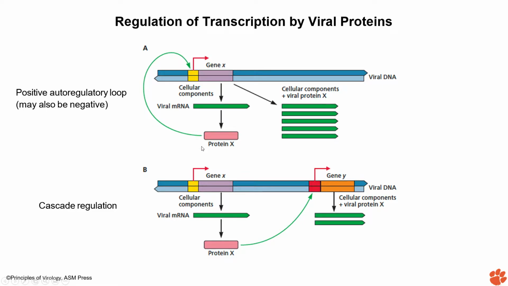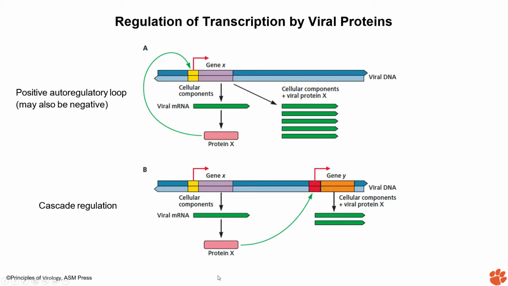Remember that instead of a positive autoregulatory loop, you can have a negative autoregulatory loop. That could be a critical thinking question for your exam: suppose the protein X is binding, suppressing the function of gene X, so it's not making the mRNA, then this positive autoregulatory loop will be called a negative autoregulatory loop. Both happen.